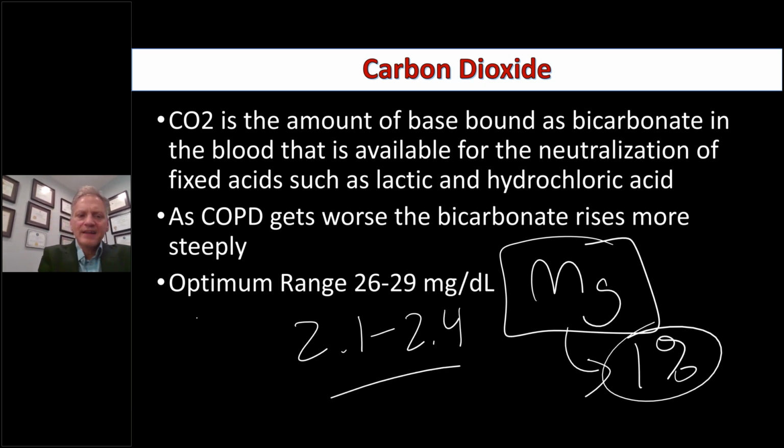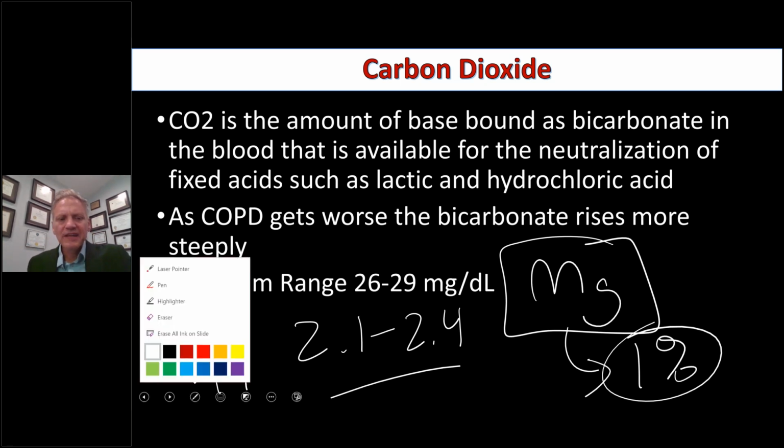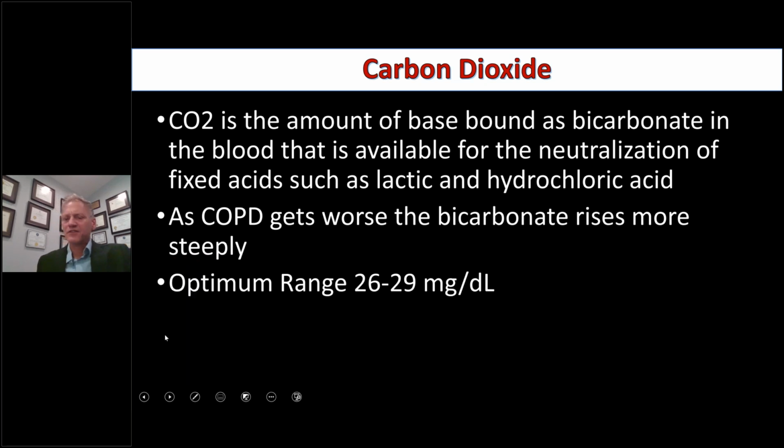If you have a magnesium, let's say that's down to 1.8 or 1.9, and you have a CO2 that's low, and you have a chronically inflamed person, it's probably because the buffer system is not able to keep up, because remember, not only bicarbonate, CO2 is a buffer, but magnesium also acts as a buffer for an acidic environment as well. So if you have low magnesium and low carbon dioxide, it's a pretty good sign that your buffering system is not able to keep up.